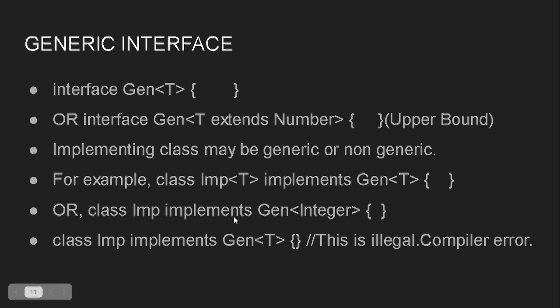Class Imp implements Gen Integer. You need to explicitly mention what T is going to be replaced with. If the implementing class is generic, then it is not an issue.